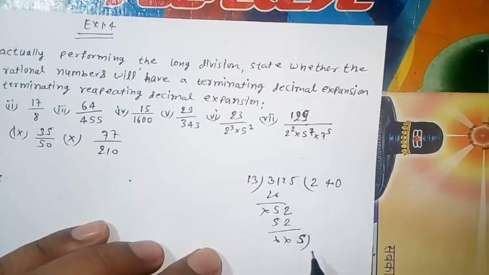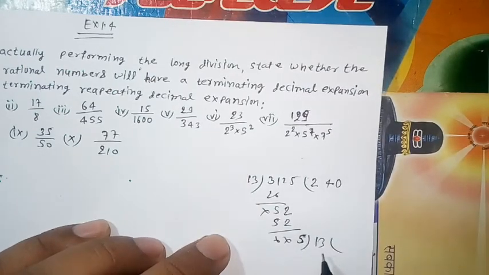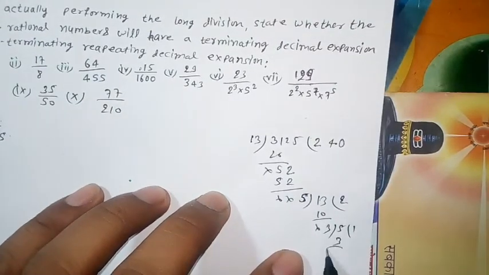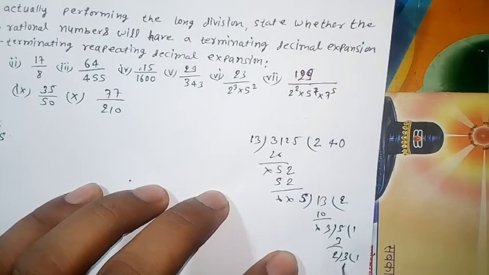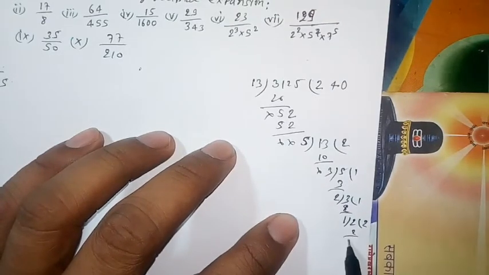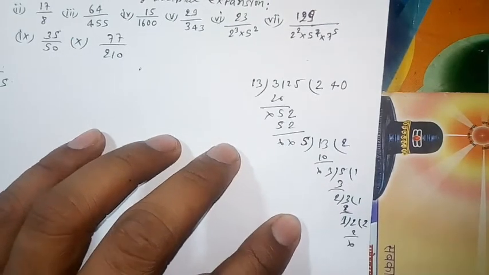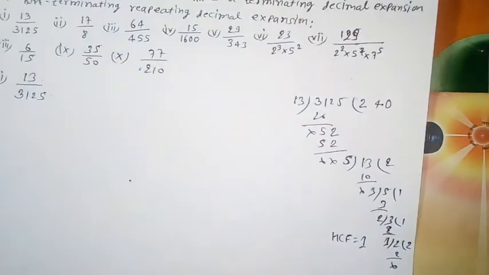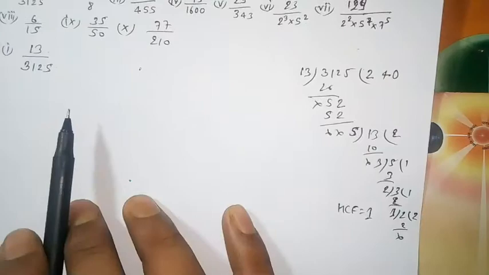Then 13 divided by 5: 5 times 2 is 10, remainder 3. Then 5 divided by 3, remainder 2, then 3 divided by 2, remainder 1. The HCF is equal to 1, so this number is in simplest form.